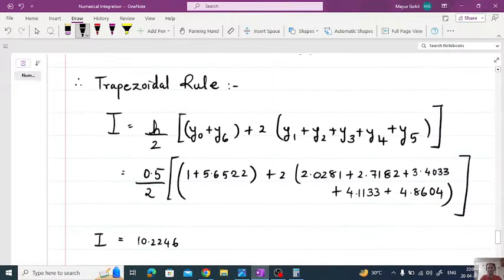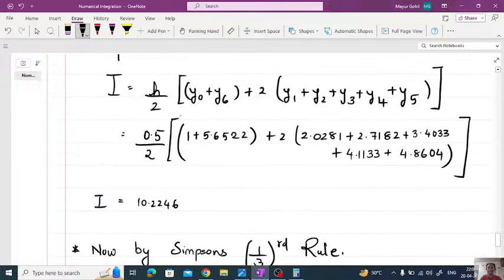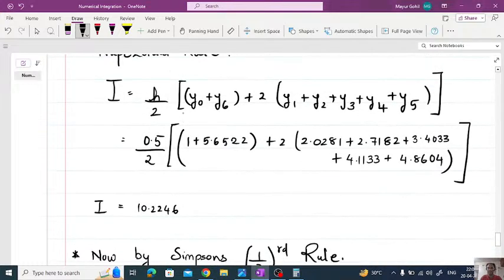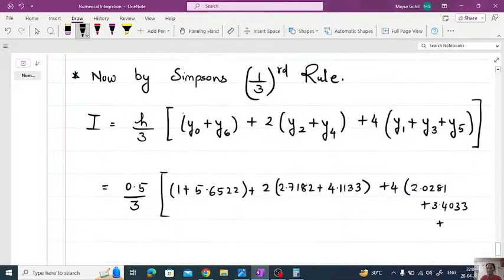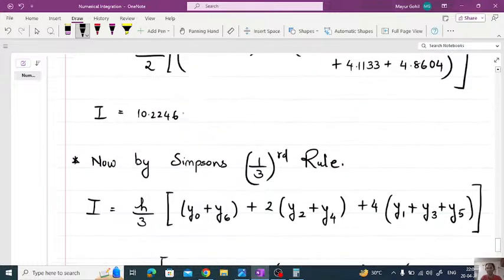No, no, we will need to substitute first. y4 is 4.1133. 4 times, here it is 2.0281 plus y3 is 3.4033 and y5 is 4.86.